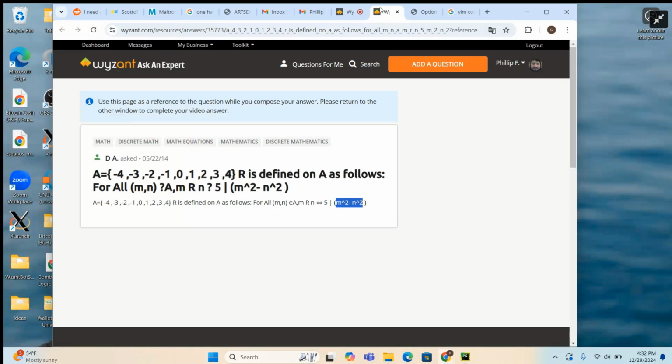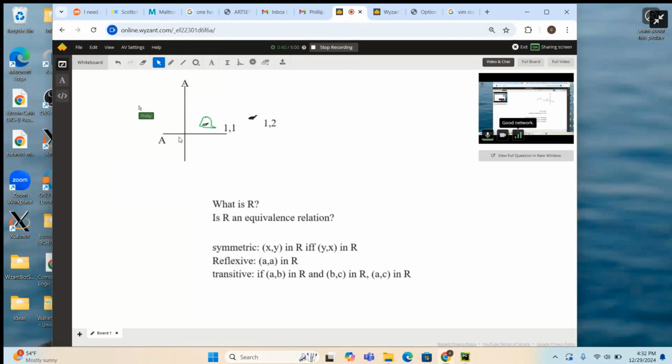So pretty much what we're doing is we've got A cross A, a set of ordered pairs on A, like (1, 1), or (1, 2), or (-1, 1), or (-1, -4), all stuff from A. And we're wondering which of those are in the relation R. R is based on the rule that if you take the difference of squares, like 1 squared minus 1 squared, that equals 0.